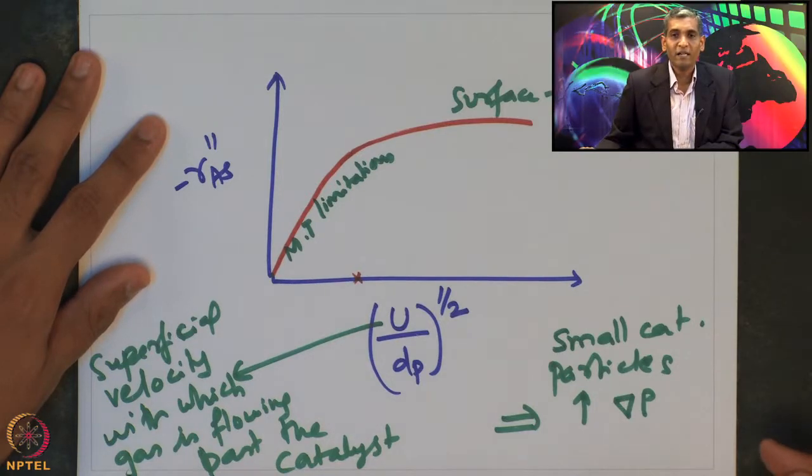So, what we have seen in this lecture is we looked at mass transport through a single catalyst particle while the reaction is actually happening simultaneously. We looked at two specific cases where the surface reaction might be rate controlling, or the external mass transport, that is the diffusion rate, might be controlling the overall rate at which the reaction is happening.